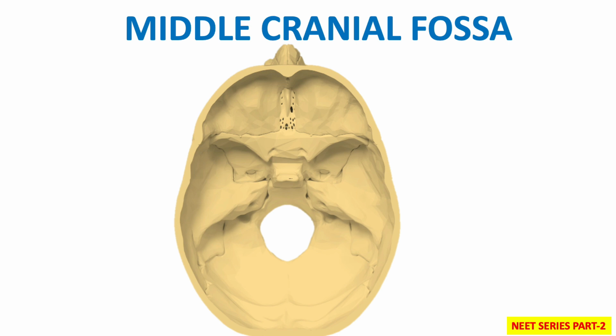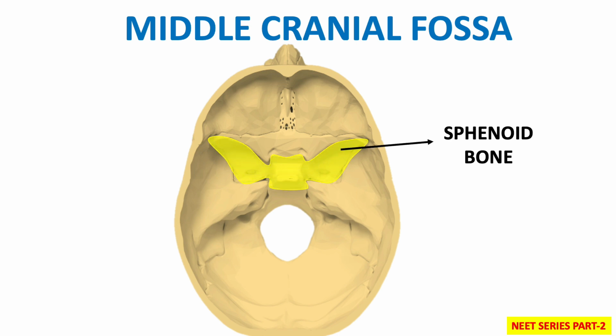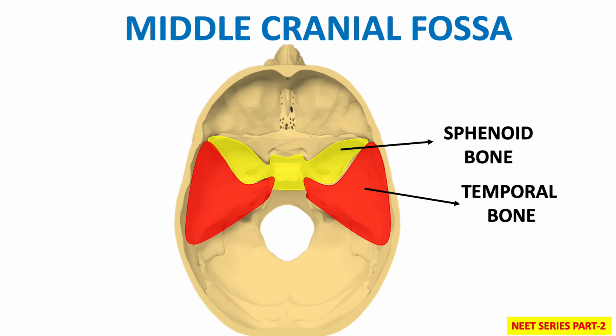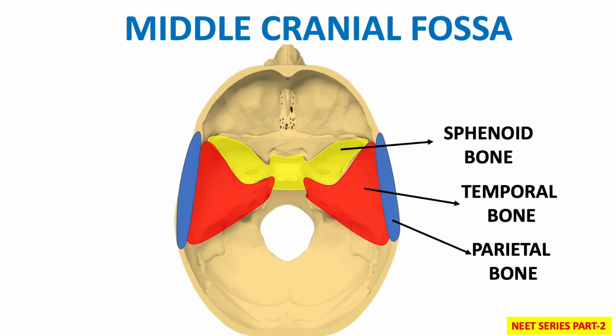Now it is formed by three bones: the sphenoid bone, the temporal bone, and at the periphery the parietal bone.